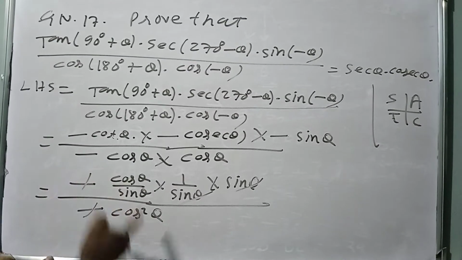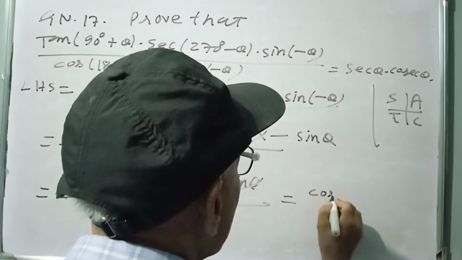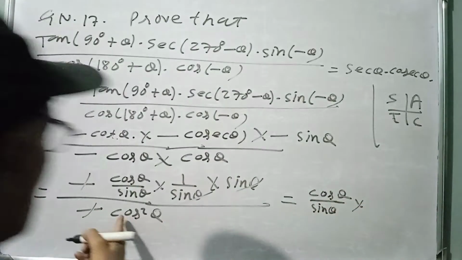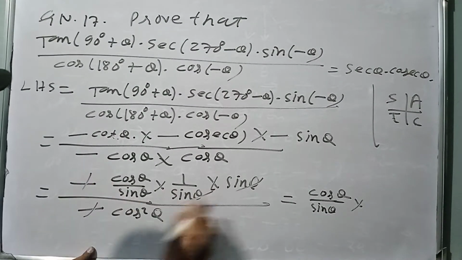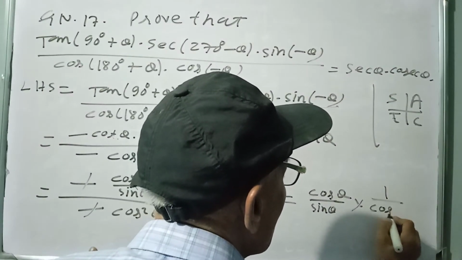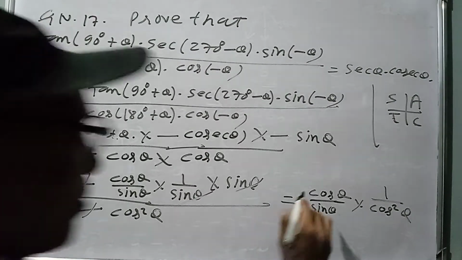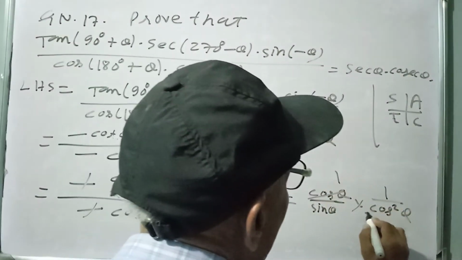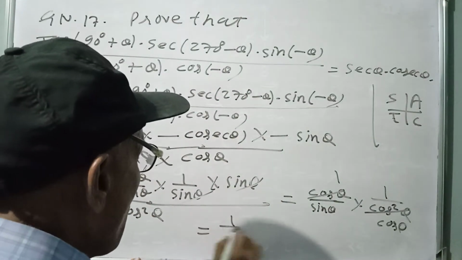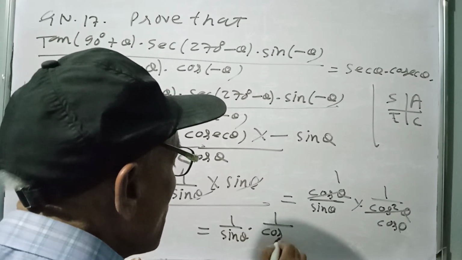Cos by sin. Now writing this, cos theta upon sin theta into the denominator cos by 1, that is 1 by cos square theta. Now can you cancel? Yes, of course you can cancel cos theta. Equal to 1 by sin theta into 1 by cos theta.